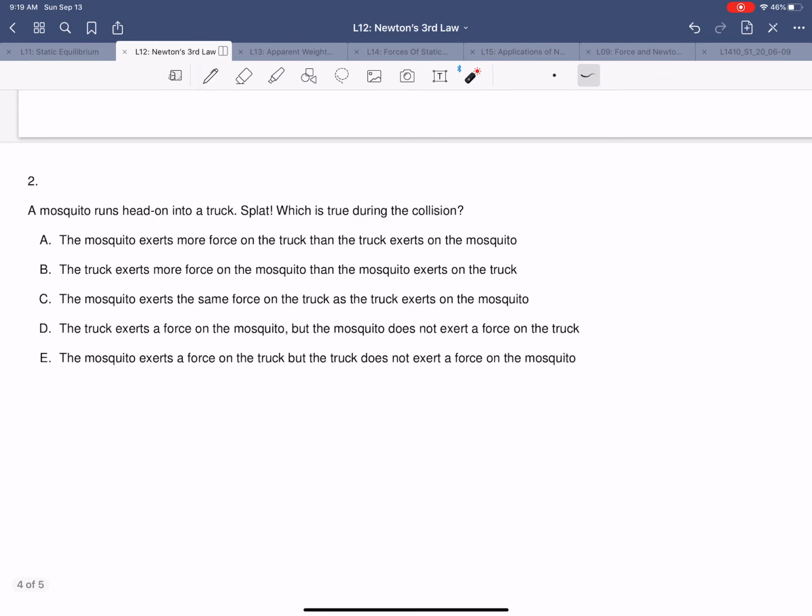Let's end with a few conceptual questions on Newton's third law. Here's one. A mosquito runs head-on into a truck. Which is true during the collision? Obviously, there is no measurable effect on the truck, but unfortunately for the mosquito, it never survived that collision.